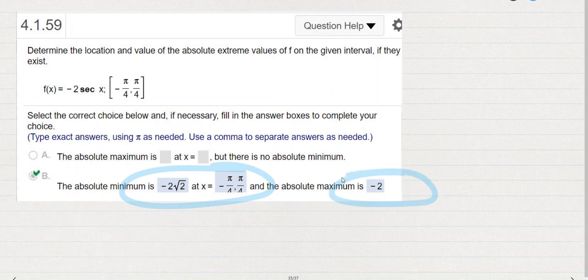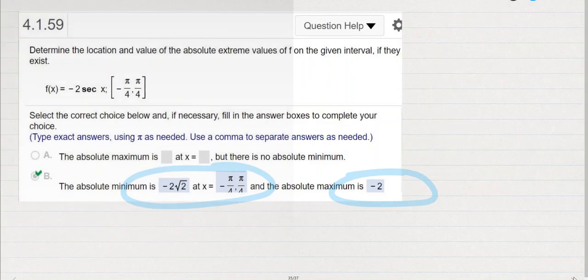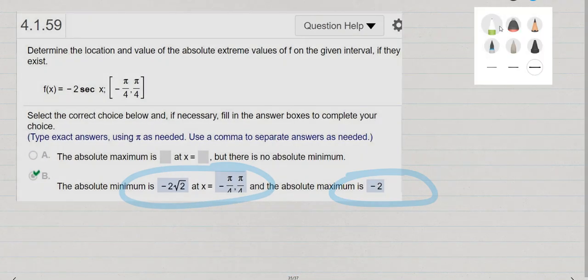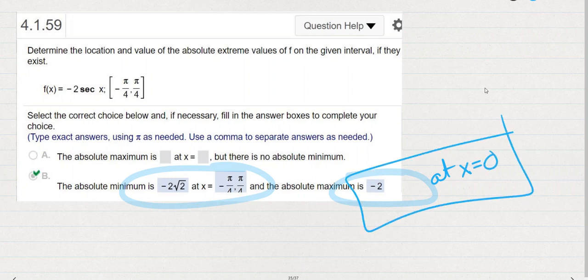And the maximum value of the function is negative 2, and that happens when x was 0. Let me write that in here to make sure, because it didn't show up in the picture there. But we have a maximum of negative 2 at x equals 0.